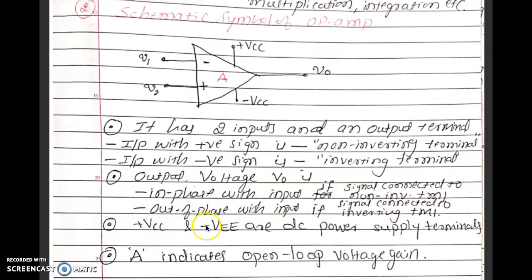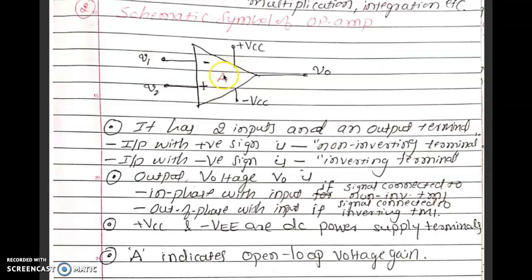So plus VCC and minus VEE are the DC power supply terminals. And inside this, A is indicated. This A is indicating the open loop voltage gain. And in the op-amp topic we are going to have one more, that is feedback gain. At that time we are going to indicate AF, meaning gain with feedback.